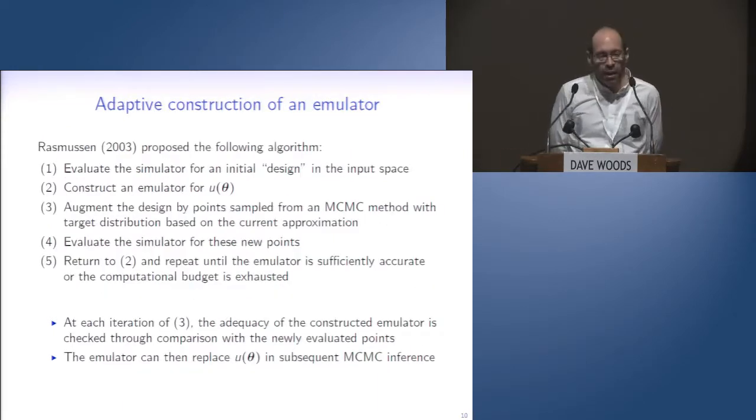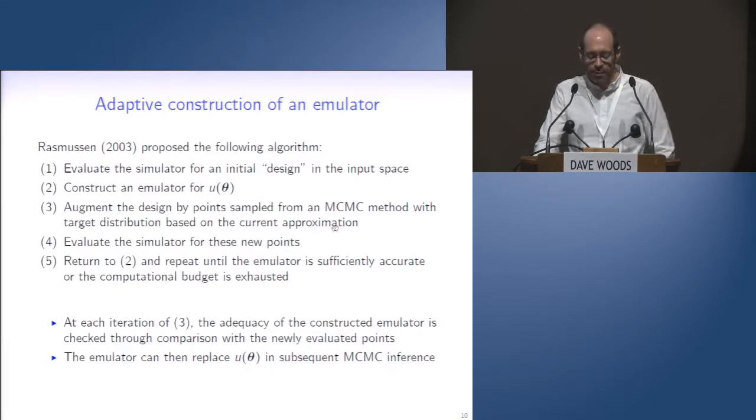So this is the basic algorithm that Rasmussen suggested back in 2003 for adaptive construction of emulators for MCMC problems. So the first step is to evaluate our simulator for our initial design in the input space, so an initial collection of values of either phi or phi and x. Then we construct our emulator using this initial set of points.